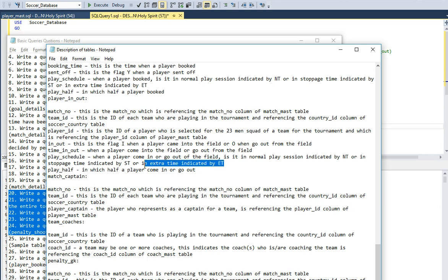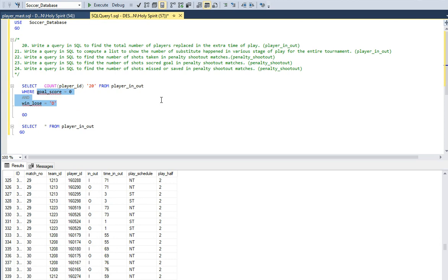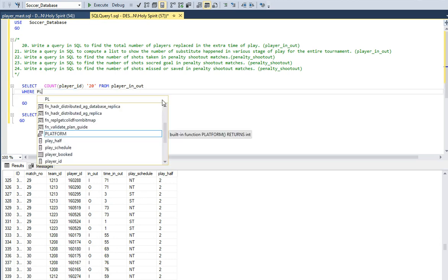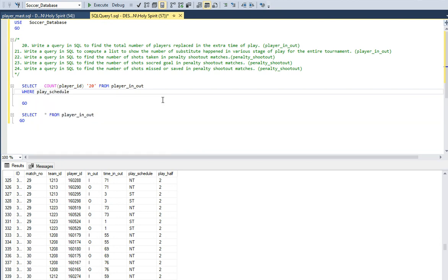Extra time indicated by ET. So here, wow, all I can see is in DST. Okay, I don't know, it should be there anyway. Play schedule is equals to extra time, so ET.